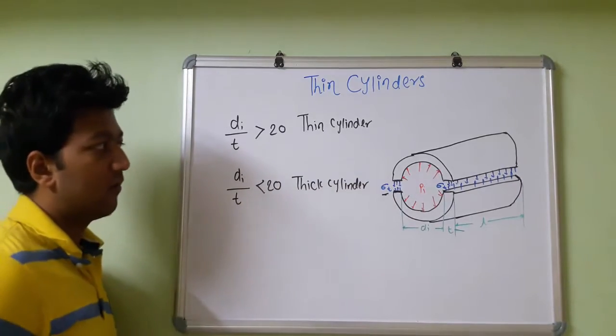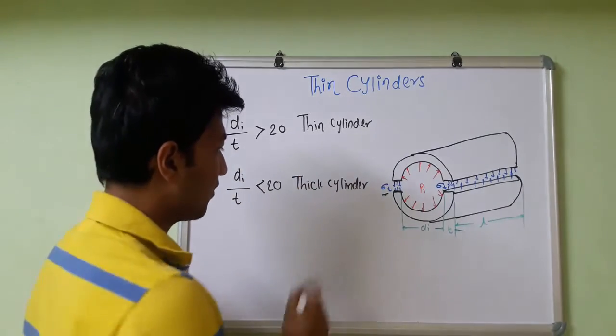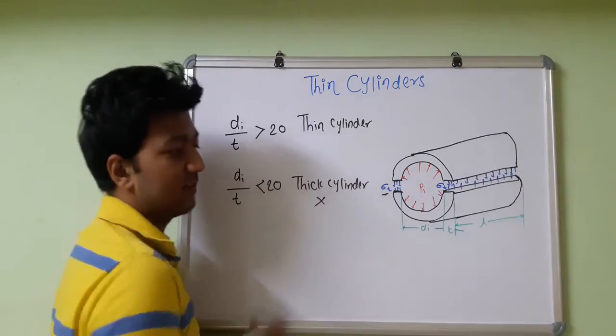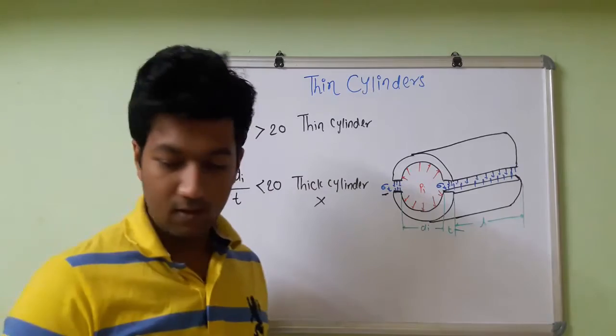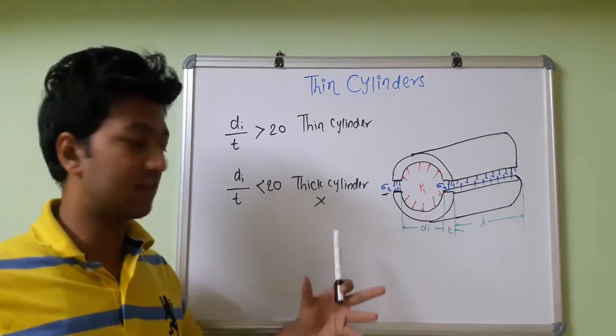In the GATE exam, we deal with only the thin cylinder, not the thick cylinder. So that's why we only study the thin cylinder. This is the basic parameter to identify a thin or thick cylinder.